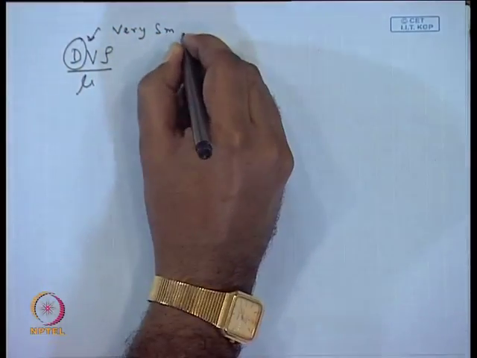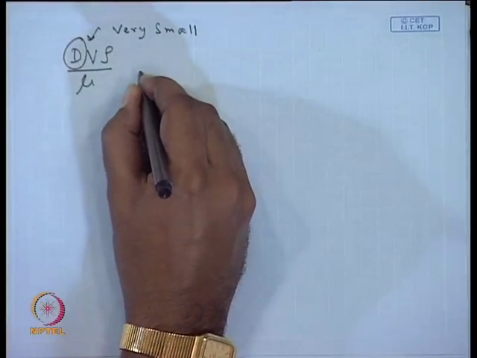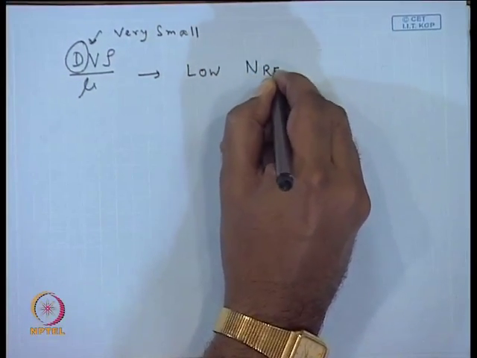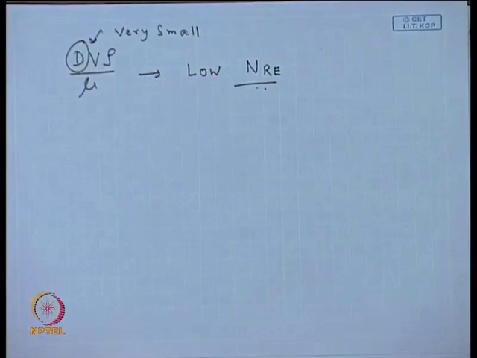So, this eventually leads to a very low Reynolds number, which implies that achieving certain phenomena in the microfluidic domain becomes extremely difficult, and one of them is mixing.